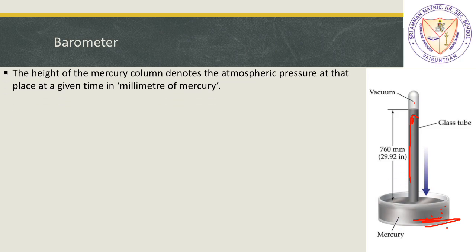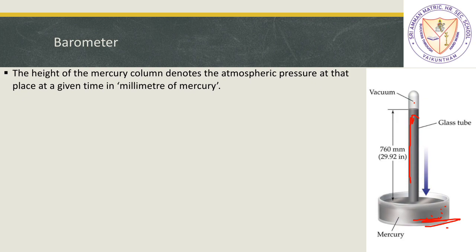The height of the mercury column denotes the atmospheric pressure at the place at a given time in millimeter of mercury. So how much it is rising, to what height the mercury is rising, that will give us the value of atmospheric pressure at that place.